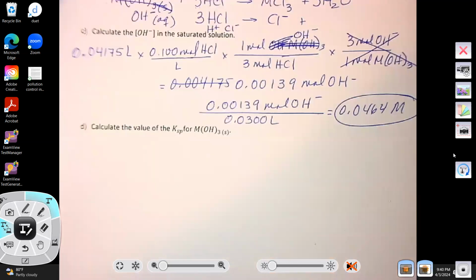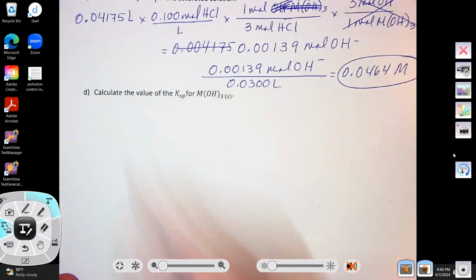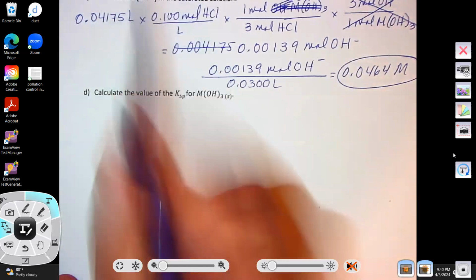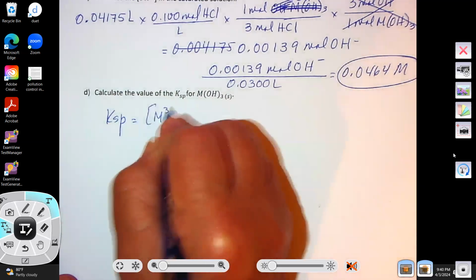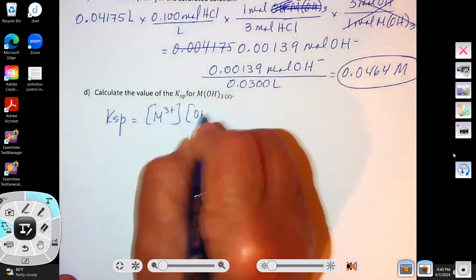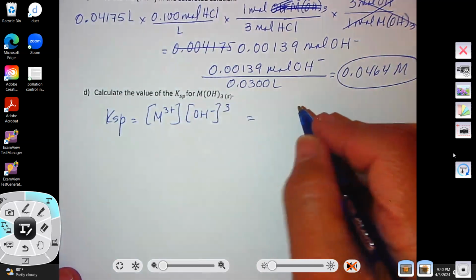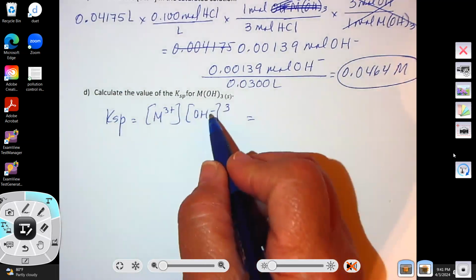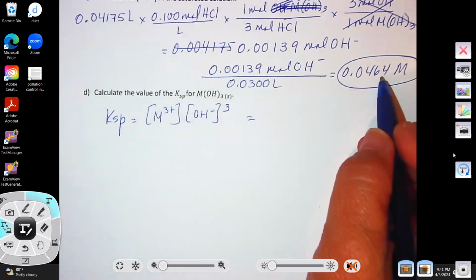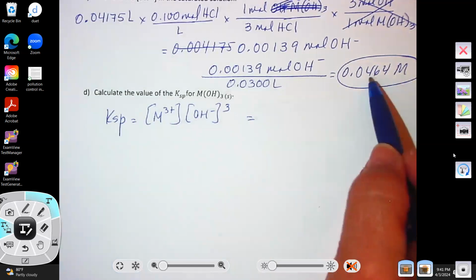Okay, so now it says calculate the value of the KSP for MOH3. So we need to go back to the expression of the KSP. Let me just rewrite it here. It's going to be the concentration of M3 plus and the concentration of OH. We do have the concentration of OH. The concentration of M3 plus is going to be 1/3 of this number.